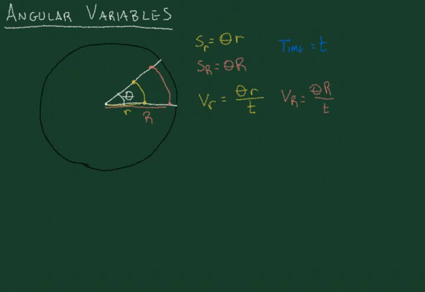So notice, let's say we rewrite this angle theta, and we say that theta is equal to the distance d over the radius. Okay, so it's a distance over a radius. And then let's say we let theta change in time.